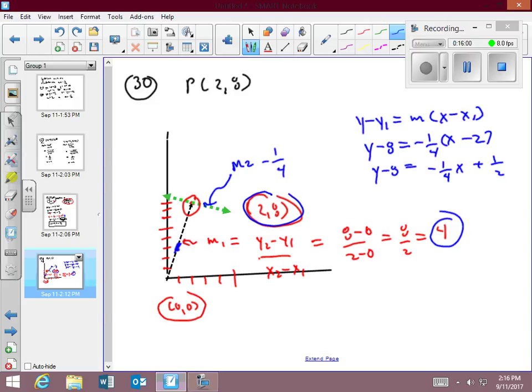We have to move that 8 over, so it goes plus. So it's y equals negative 1/4 x plus 1/2 plus 8. We got to get a common denominator, right? 2 over 2.